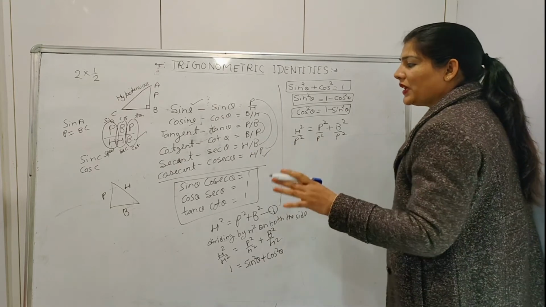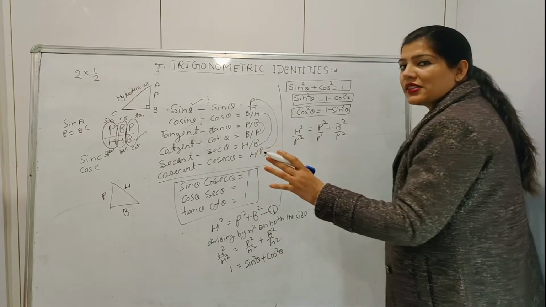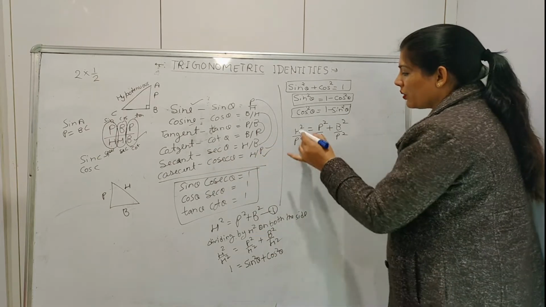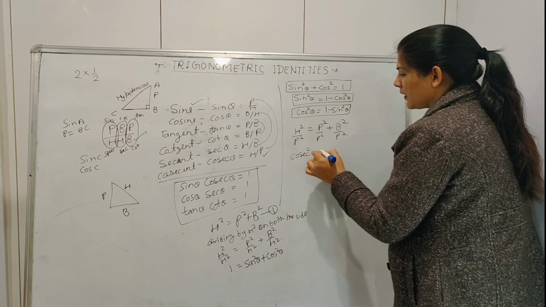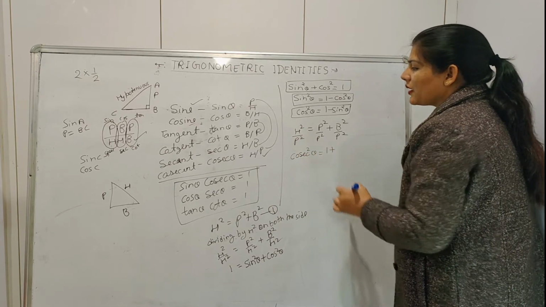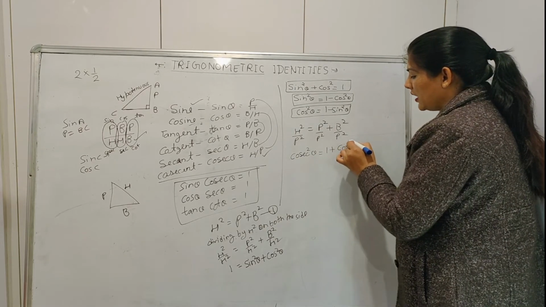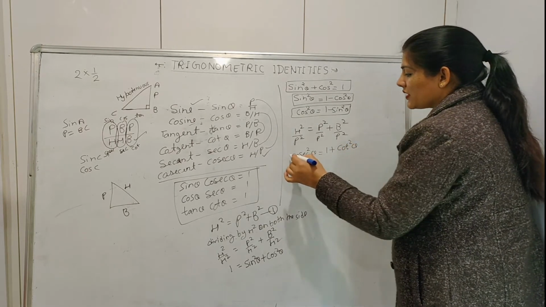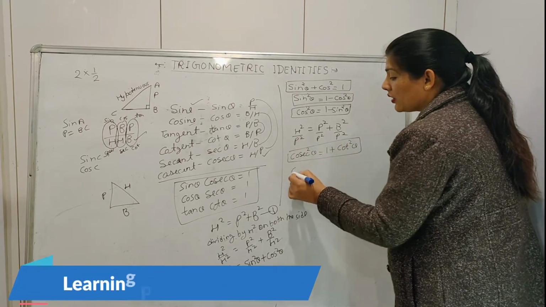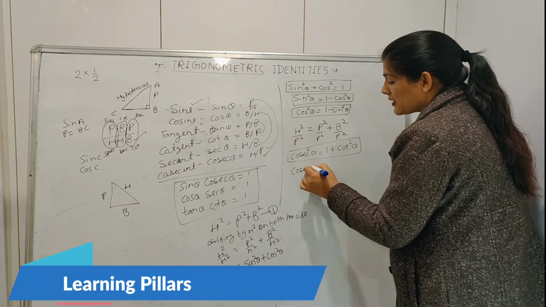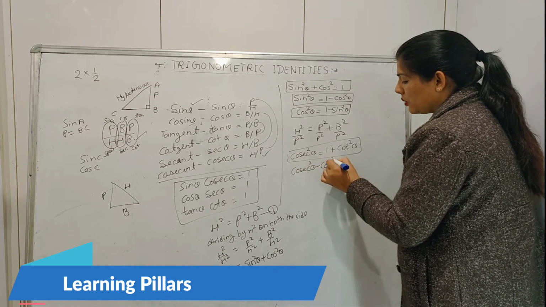H upon p is equal to cosecant, or generally it can be written as cosec theta. So you can write it as cosec square theta is equal to 1 plus b upon p whole square, which is cot square theta. So this is another identity, or you can write it as cosec square theta minus cot square theta equals 1.